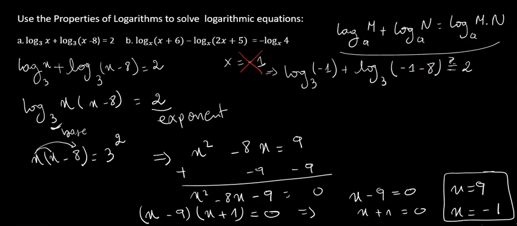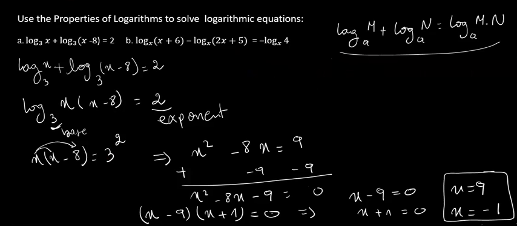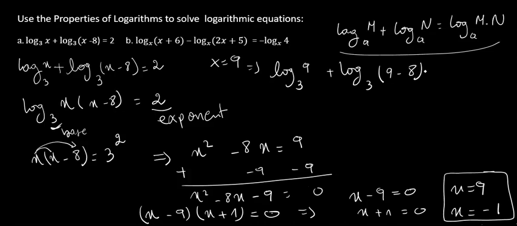Now I will try with x equal to 9. I will replace x equal to 9 in the equation. x equal to 9 means my equation becomes log base 3 of 9 plus log base 3 of 9 minus 8 equal to 2. Question mark again. I have to prove this.